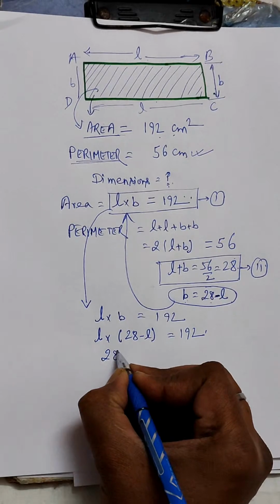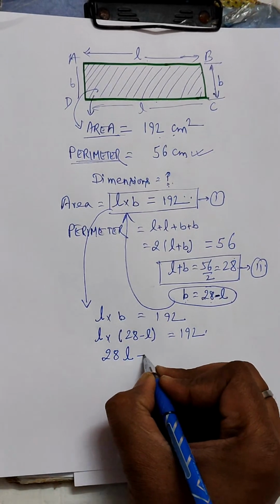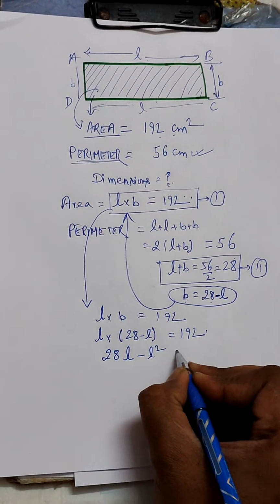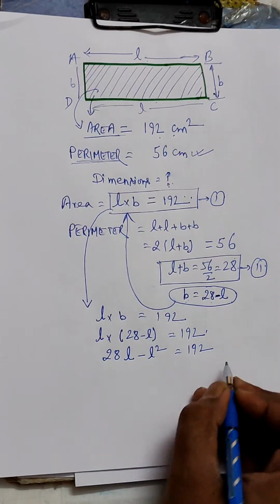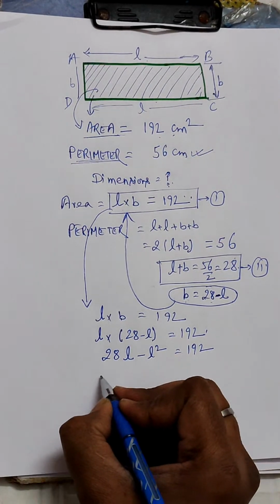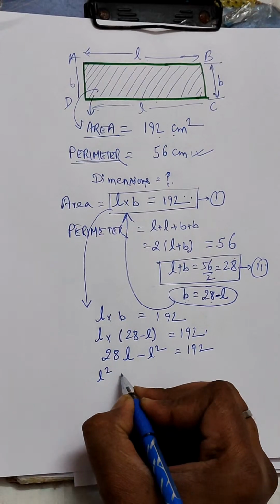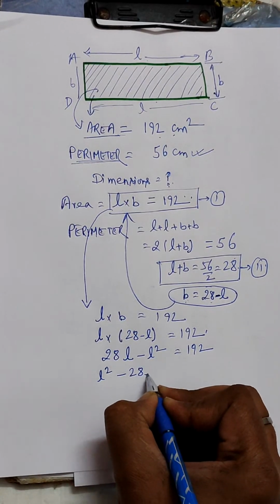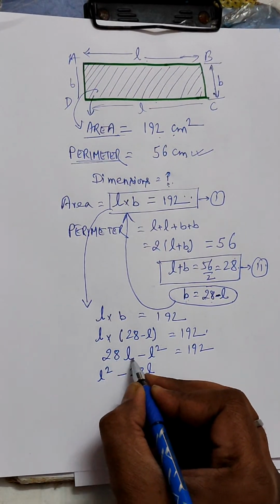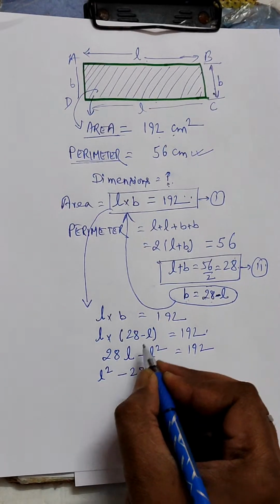This will give you 28L minus L square equal to 192. Or the next step, L square minus 28L, we bring this complete LHS into the RHS.